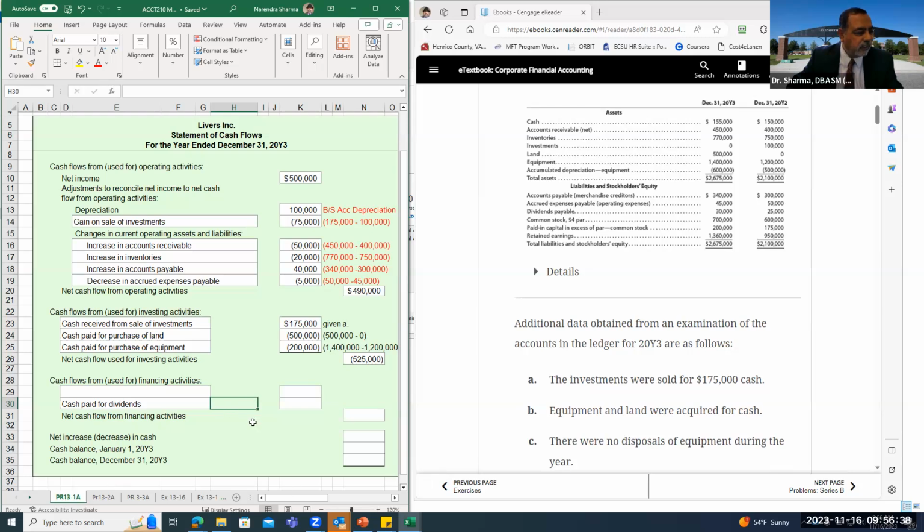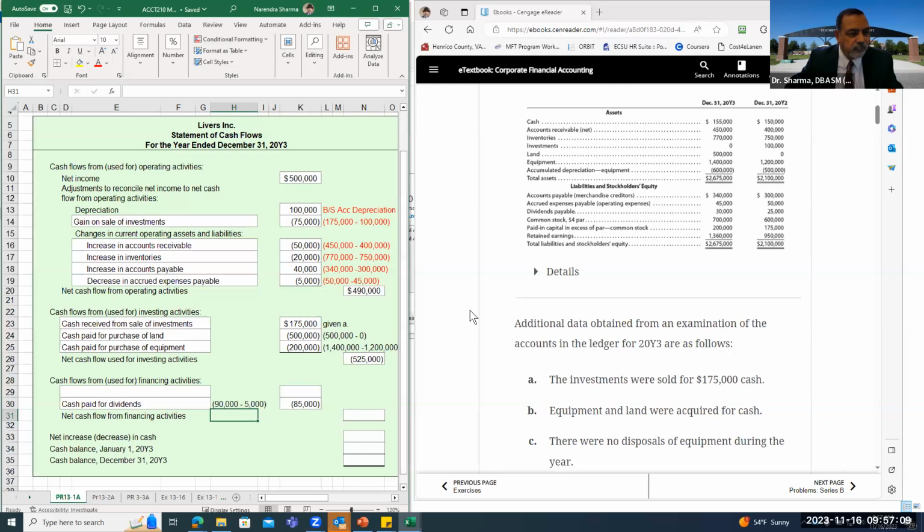So therefore, what I will do here is dividend declared is 90,000 minus 5,000, will be, of course, minus 85,000. Okay, in the last class, if you were there, I also showed you how you can calculate that amount by opening a dividend payable account.